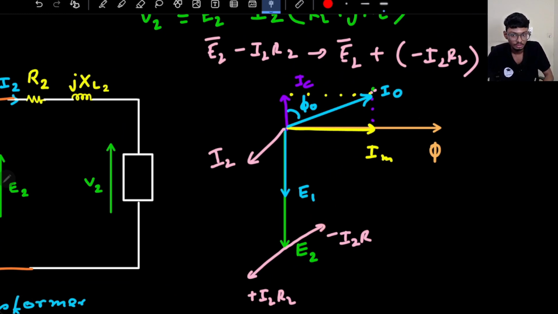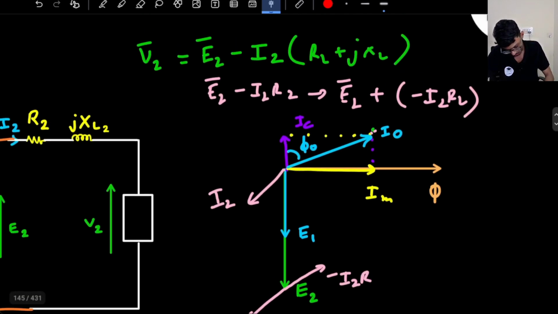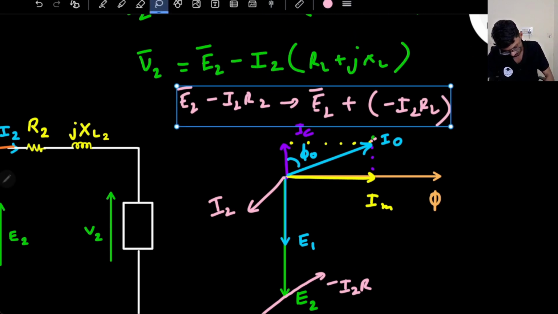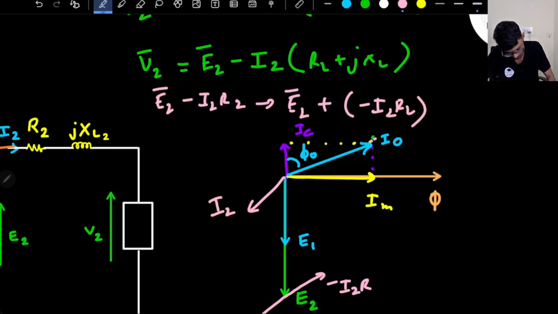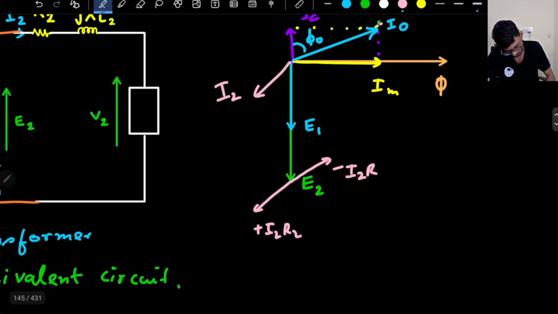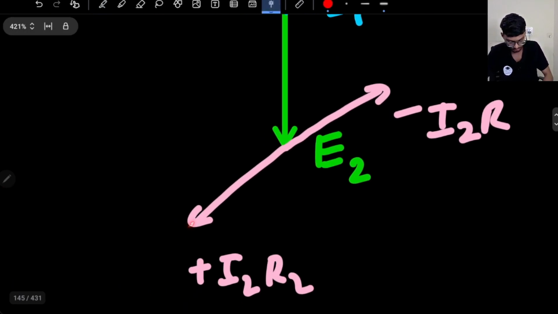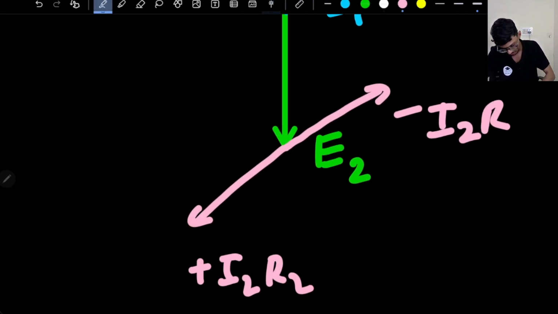Sorry, this is I2 into X2. Plus j of I2 into X2 starts from this direction, and I have to add another 90 degrees.